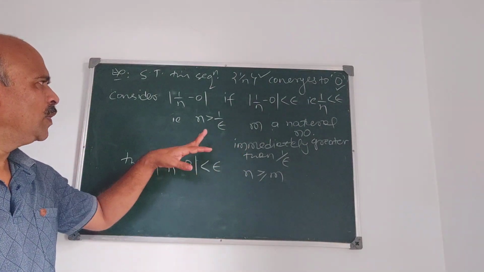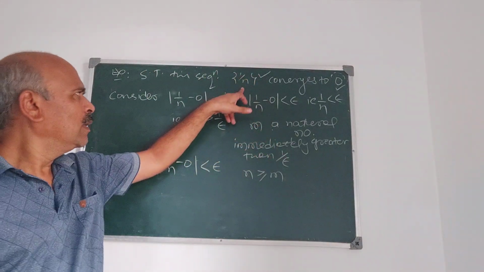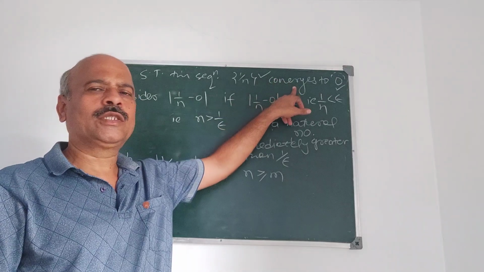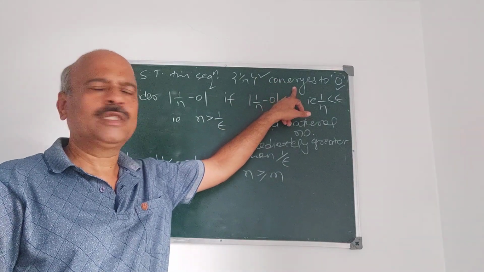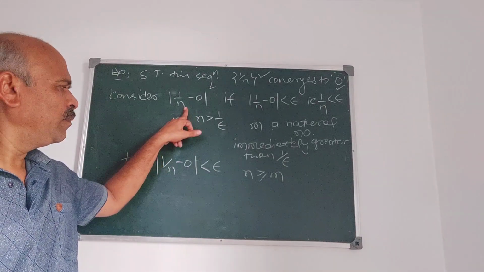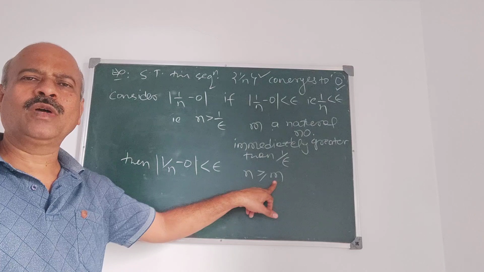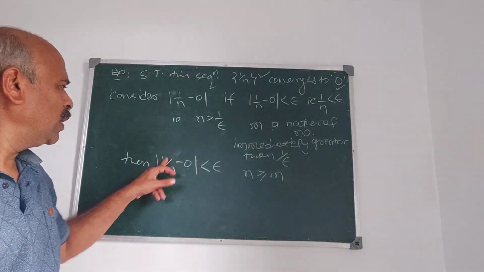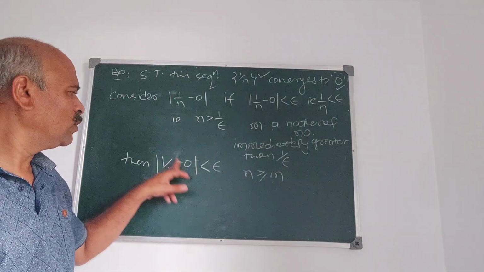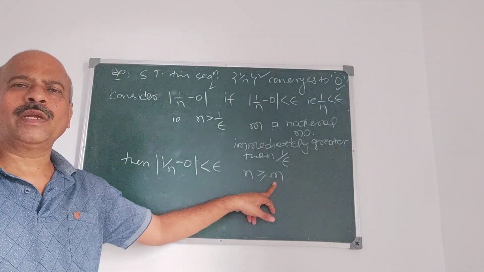This is the problem. I explain once again. Prove that the sequence 1 upon n converges to 0. When do you say that 1 upon n converges to 0? For epsilon greater than 0, there exists a natural number m, however large, so that mod xn minus 0, that is 1 upon n minus 0, is less than epsilon for all n greater than or equal to m.